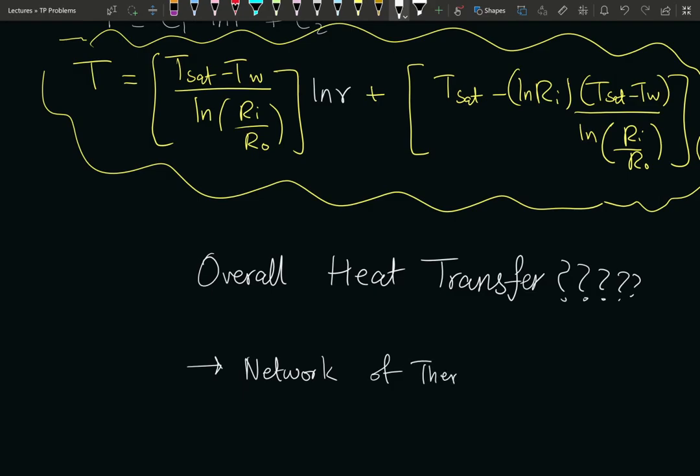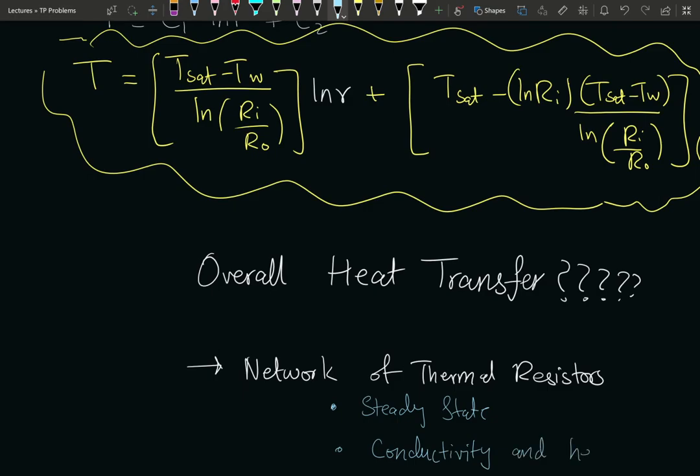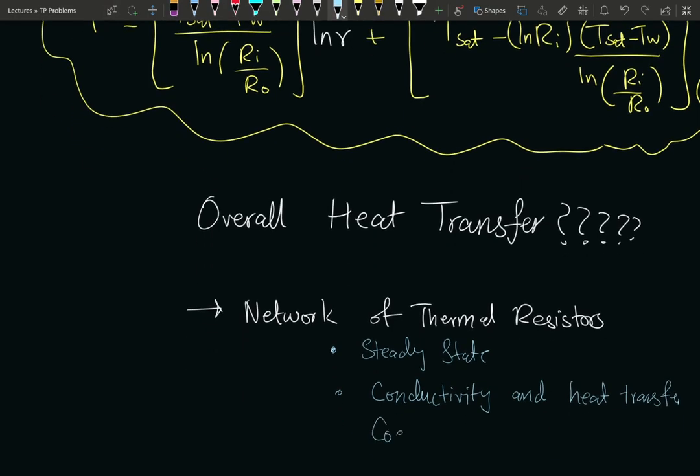The network of thermal resistors works very well if you're operating at steady state and if parameters like conductivity and heat transfer coefficients are constant. We haven't talked about heat transfer coefficients, but we will in the future. In this scenario, the electrical circuits analogy is very powerful.